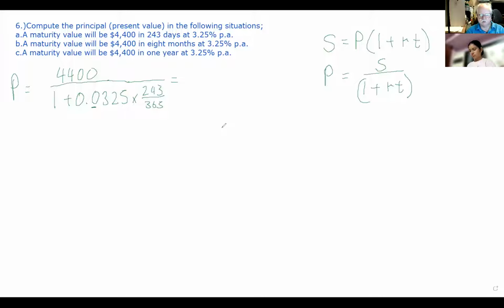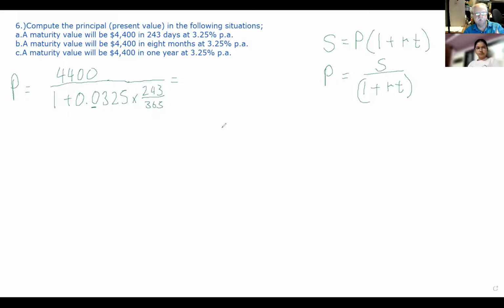So here we're going to again start with the 243. So 243 divided by 365 and then times 3.25%, and then do the plus 1.